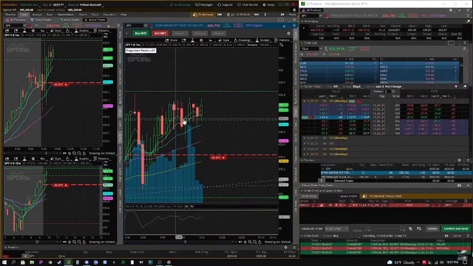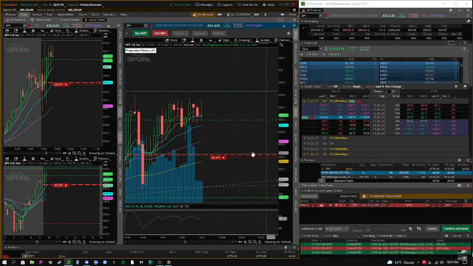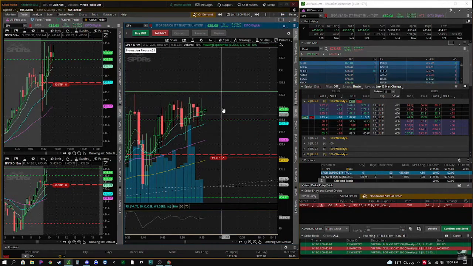You knew that it could bounce around this. You knew that it could come down, test this, test this. And what's great is that we haven't had to hit our stop loss. That's always a good day.